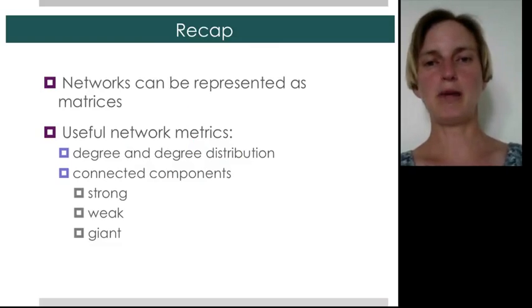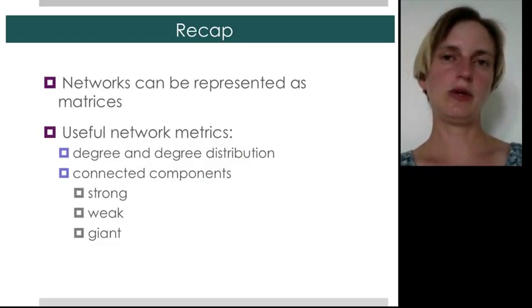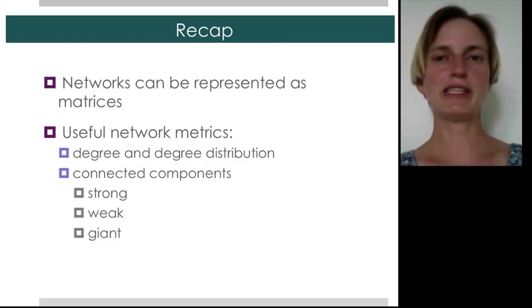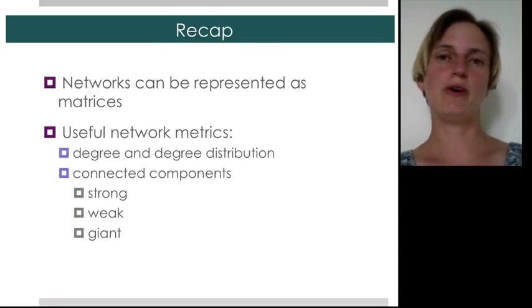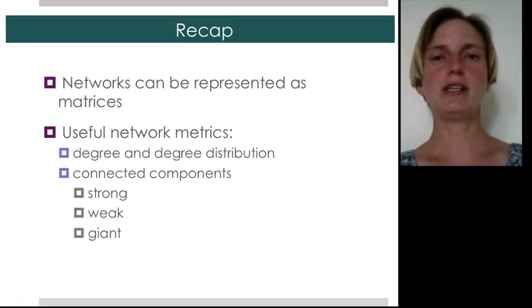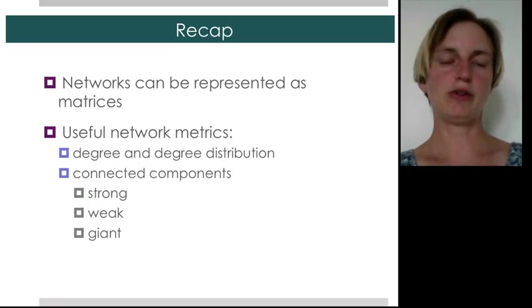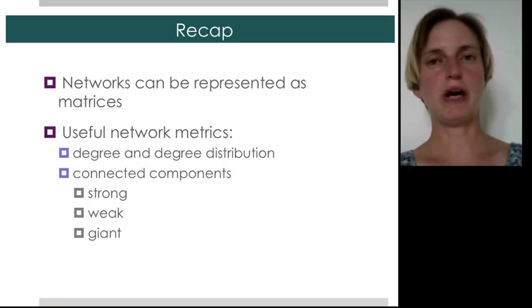So just to recap, what we showed in this mini lecture is that networks can be represented as matrices, or adjacency lists, or edge lists. And we talked about useful network metrics that we're going to start out with. This is the degrees of the individual nodes and the degree distribution of the network overall.